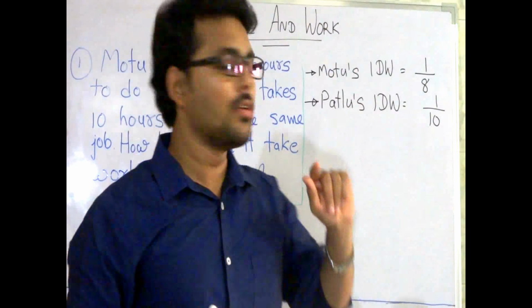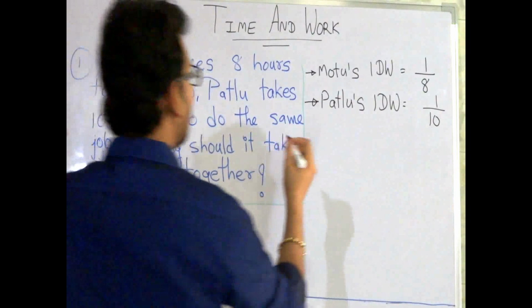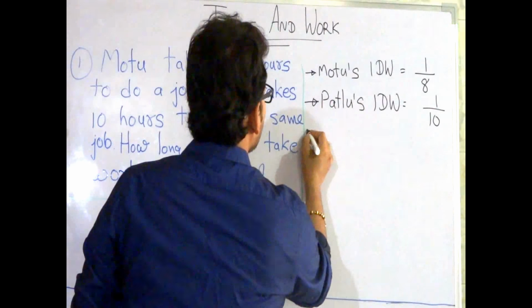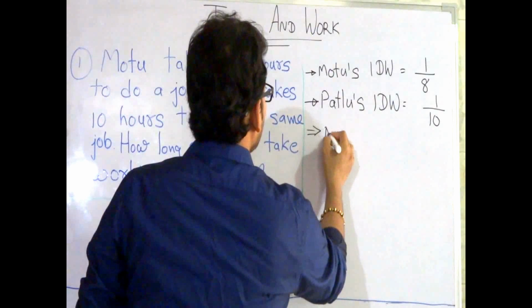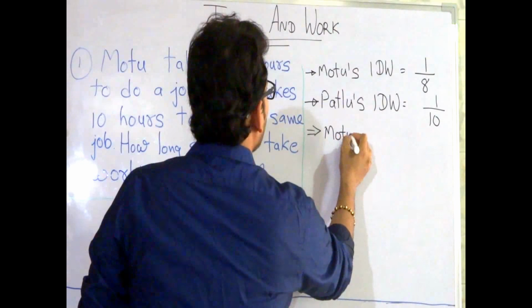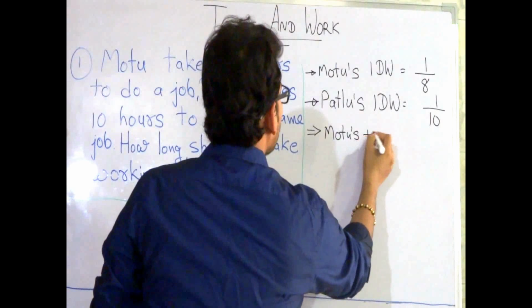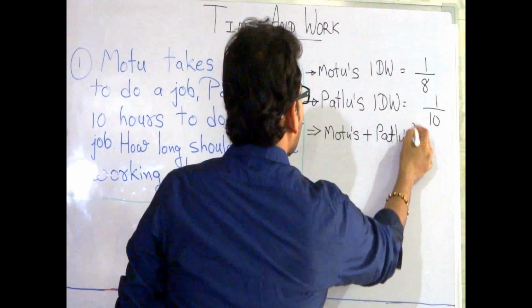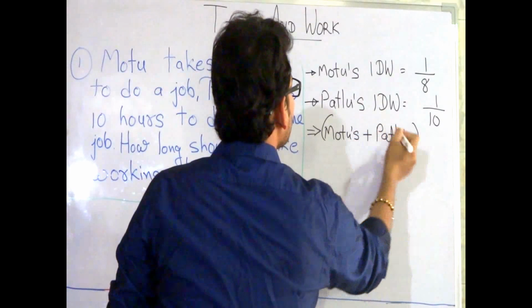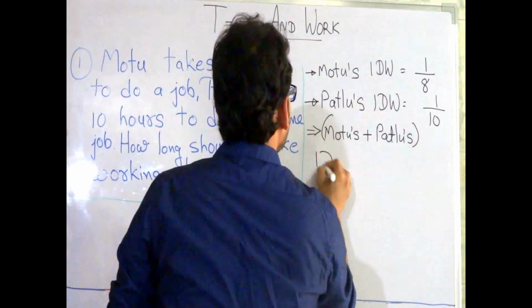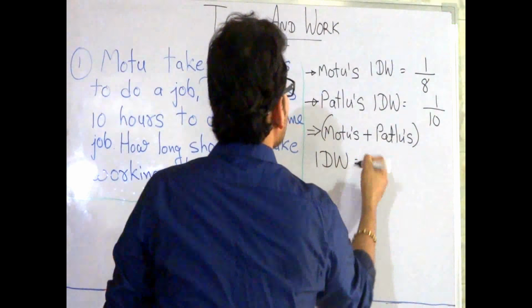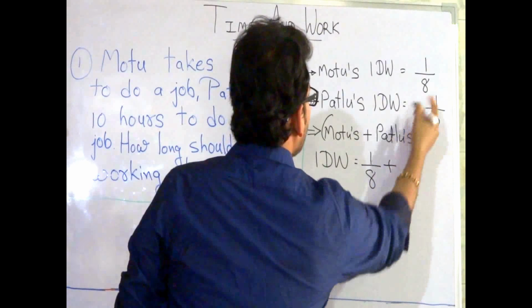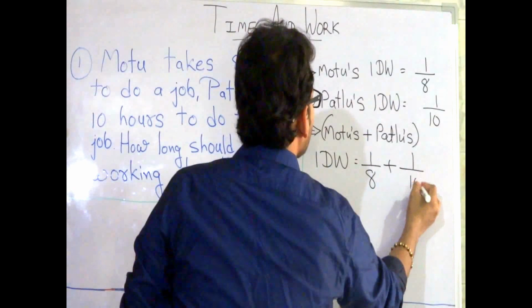Okay, so A plus B simply. So we will solve here. Motu's plus Patlu's 1 day work is equal to, Motu's is 1/8, Patlu's is 1/10.